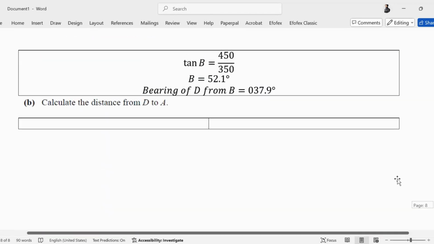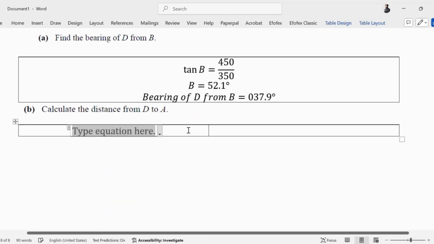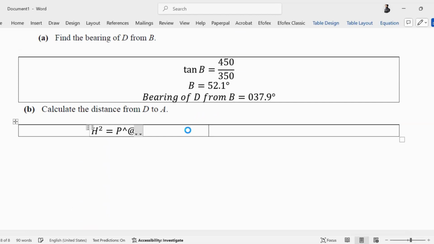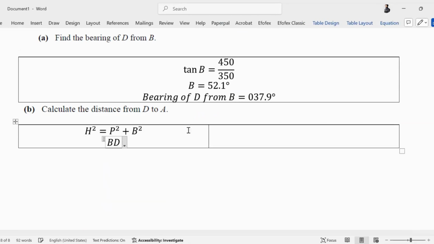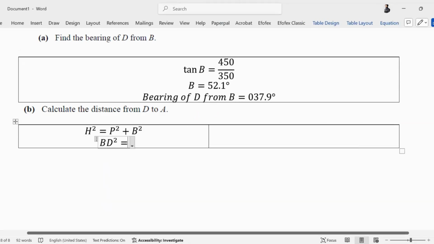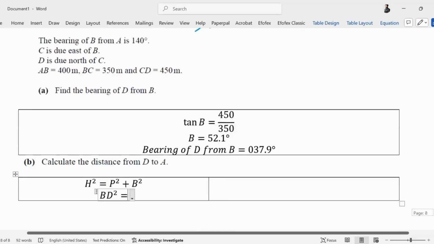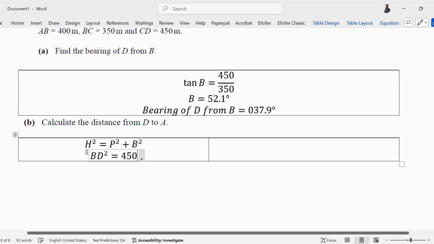So using Pythagoras theorem, which is h square is p square plus b square, hypotenuse is BD, perpendicular is 450 and 350. 450 square plus 350 square.